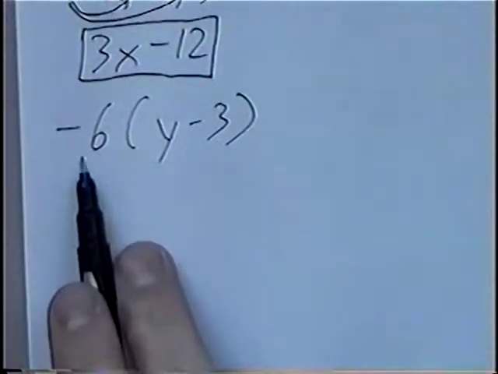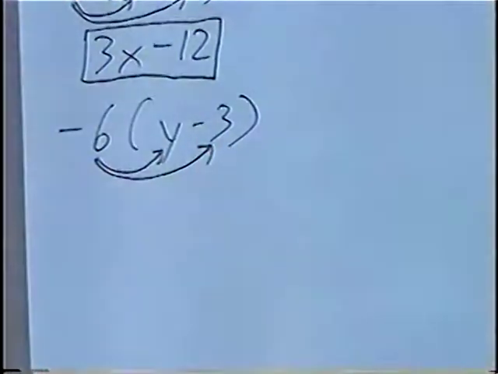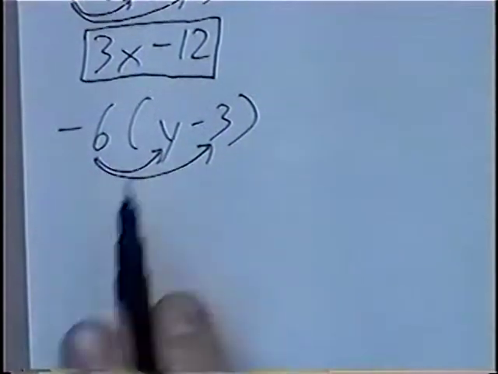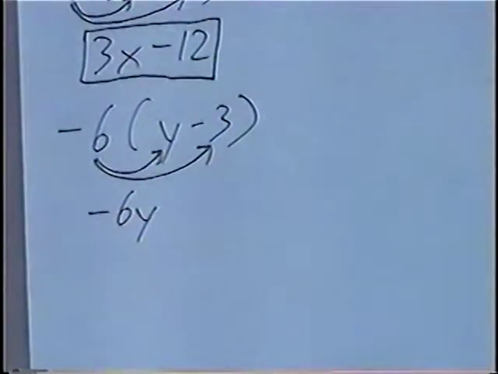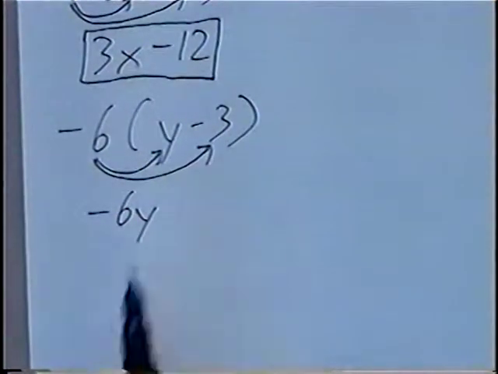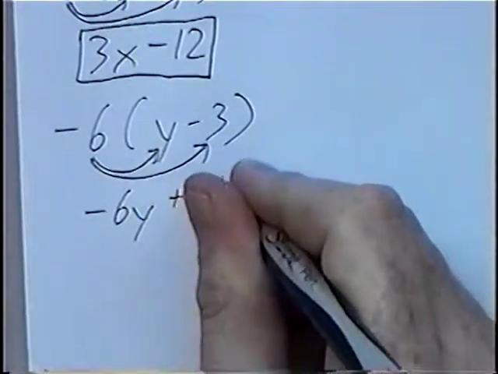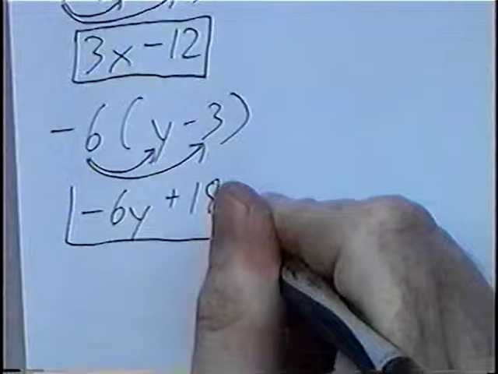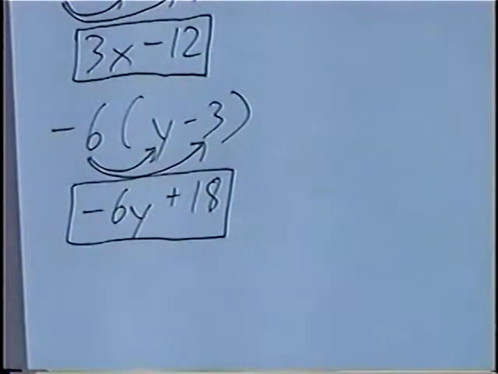This time we'll multiply negative 6 by each variable and each number inside the parentheses. Negative 6 times y would be negative 6y, and negative 6 times a negative 3 would be positive or plus 18. So our final answer would be negative 6y plus 18.